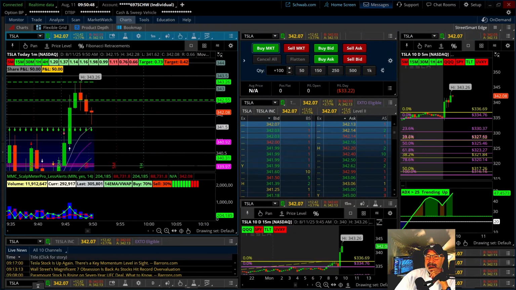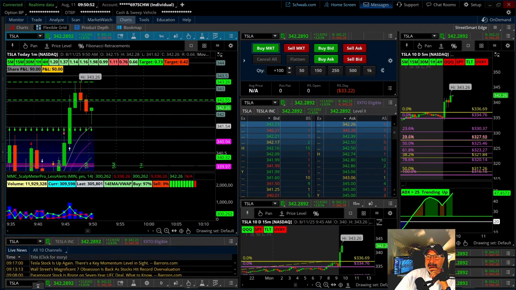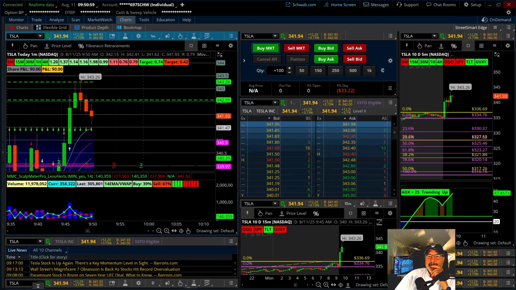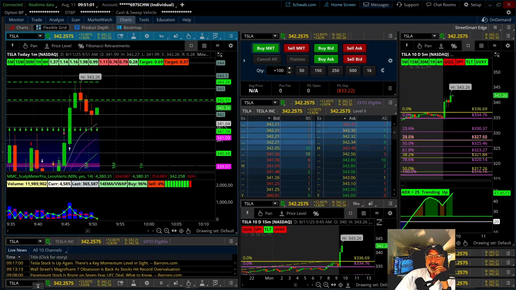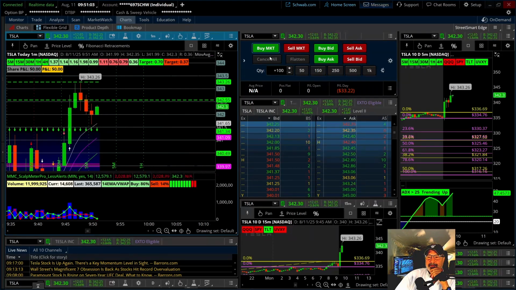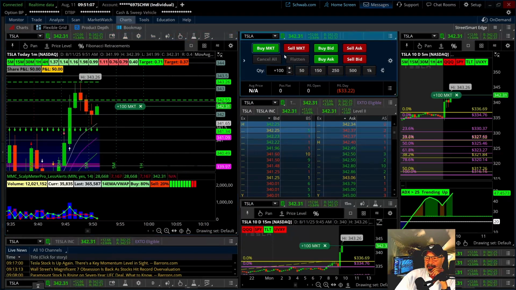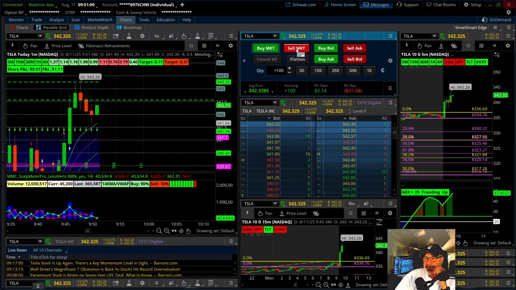NVIDIA looks like it's consolidating. AMD up and consolidating. Apple down. I'm going to jump in that and see if we can.